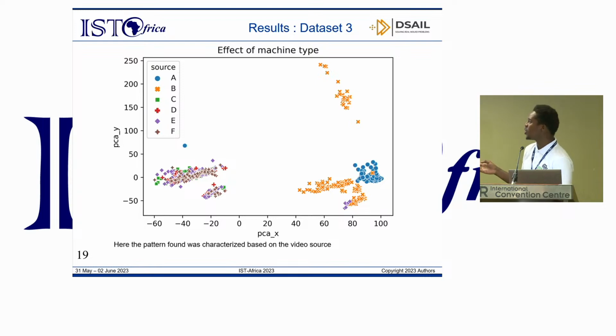What we found, though, which was very interesting, is we're able to actually place the videos together based on the source. So if you're able to baseline the source and configure everything the same way, we should be able to move from what we got from dataset 2 to dataset 3.